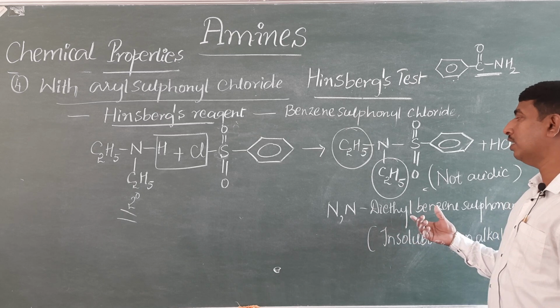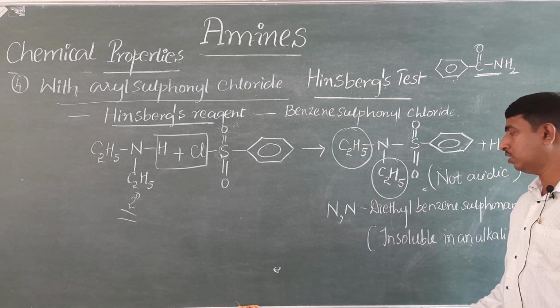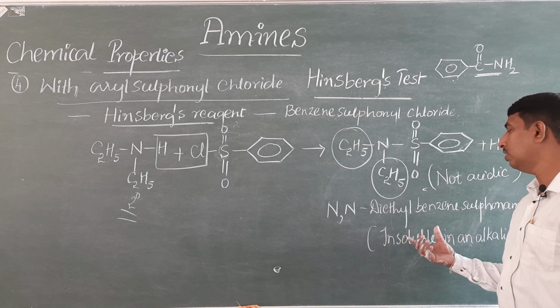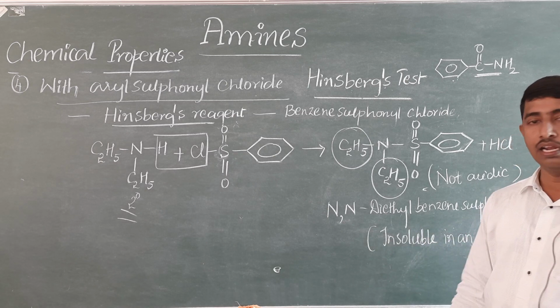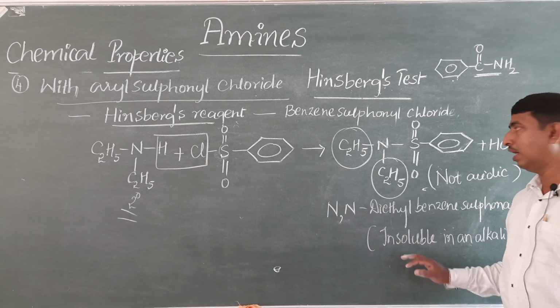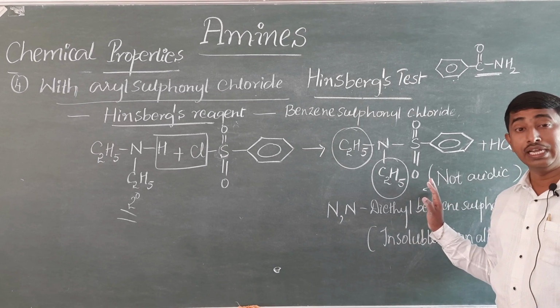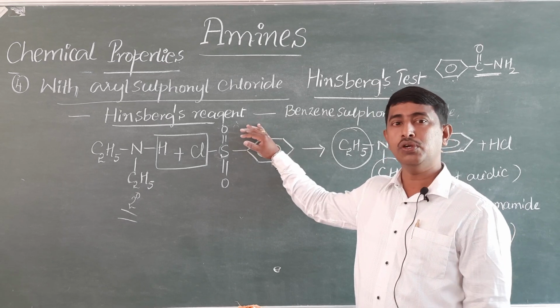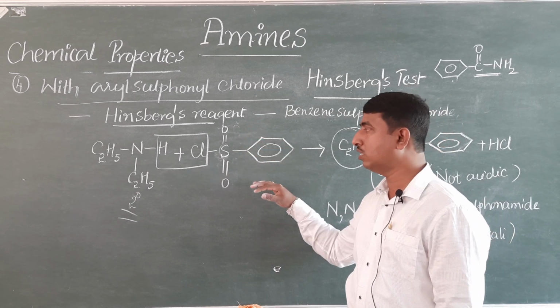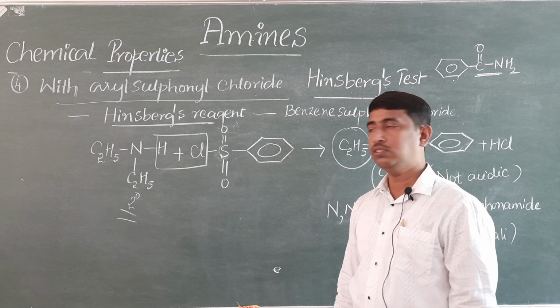Secondary amine reacts with Hinsberg's reagent forming N, N-diethyl benzene sulfonamide. It is insoluble in alkali because this compound is not acidic. Tertiary amine does not answer this test due to the absence of hydrogen atom upon nitrogen.